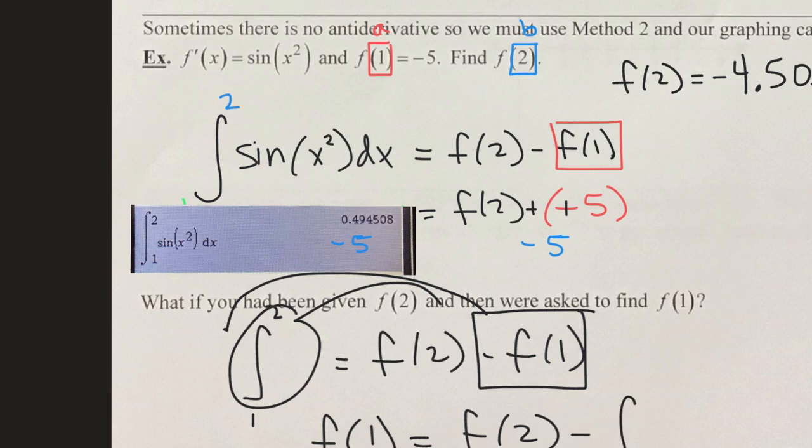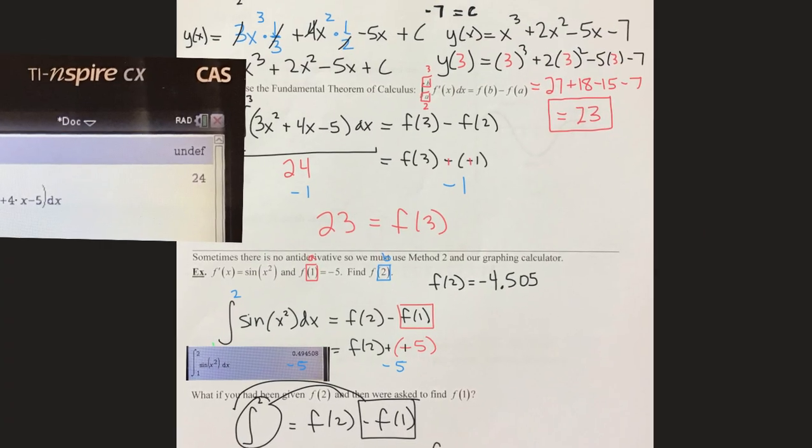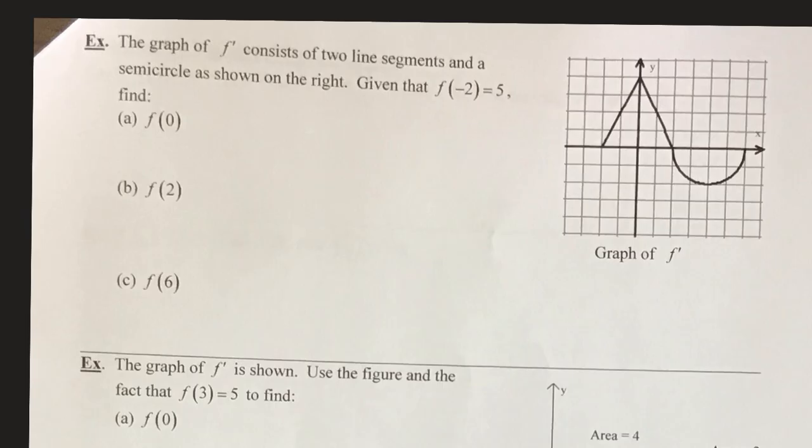So you don't always solve for the top one. You could also solve for the bottom just by doing some algebraic manipulation, right? There's nothing too crazy about that. So we're going to practice some more of that kind of stuff here shortly.